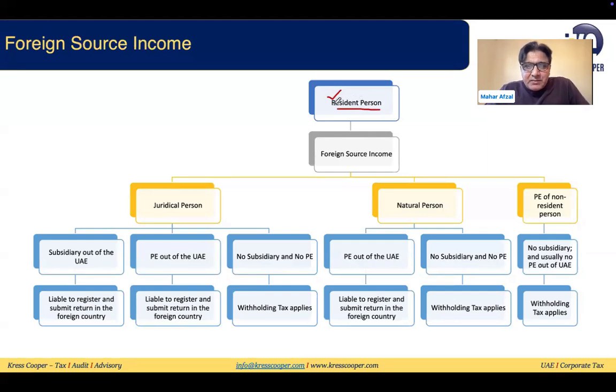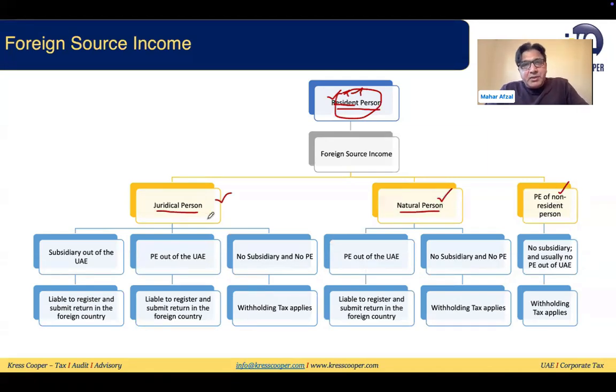Sorry, it should have been taxable person, not resident. A taxable person can be a juridical person, it can be a natural person, it can be a PE of the non-resident person. As we discussed in our previous slide, juridical persons can be resident juridical persons, resident natural persons, or PE of the non-resident person.